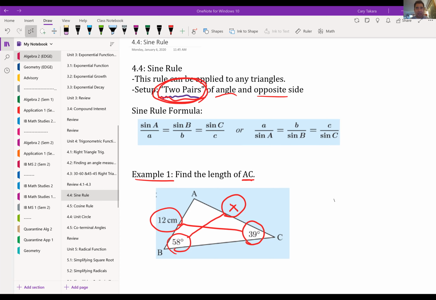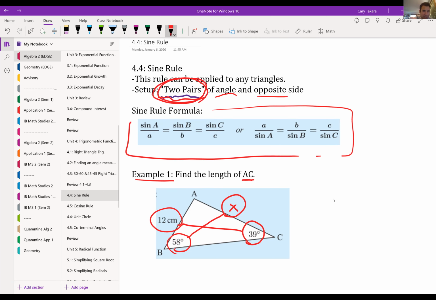Now, how do you use it? How do you set it up? Well, here is the sine rule. Sine rule says sine of angle, always angle comes after sine, over opposite side, is sine of B over the opposite side of the angle, or sine of C over the opposite side.